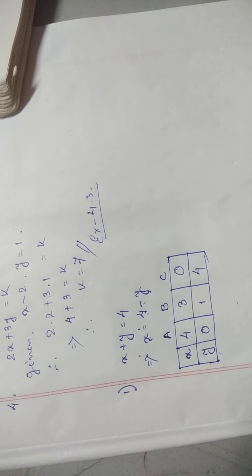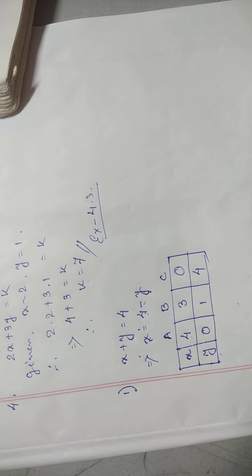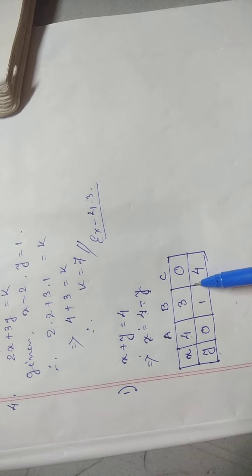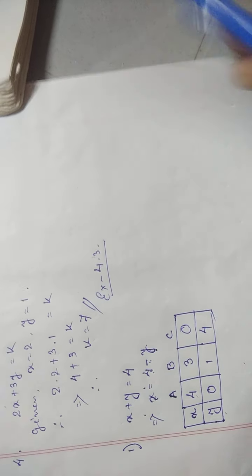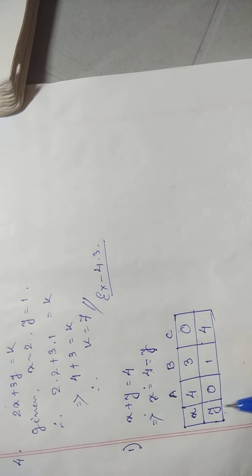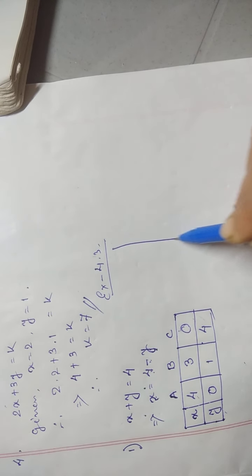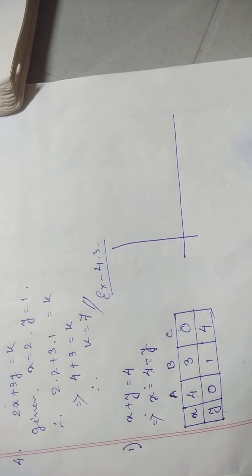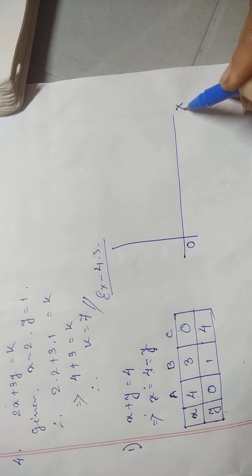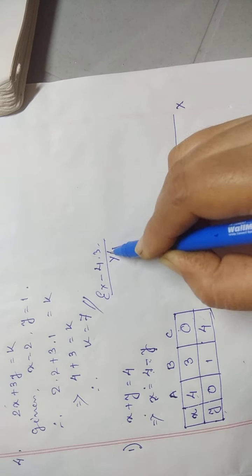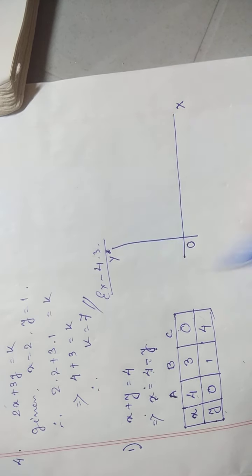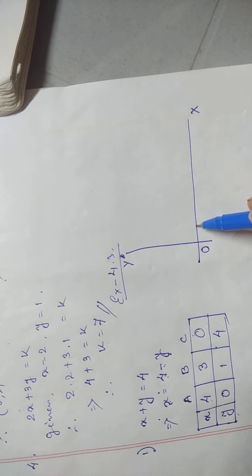Okay. So, these are the values. Clear? Now you have to put these values on the Cartesian plane. So, this is your graph paper. This is the origin. This side is the x-axis. This side is the y-axis. Sorry, y-axis.